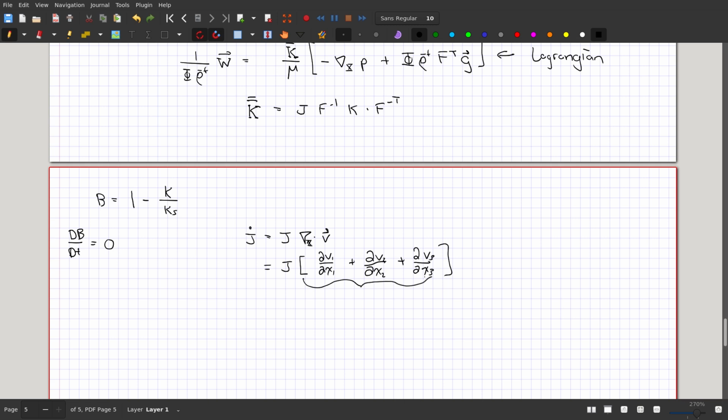Anybody recognize that that is simply dii, where d is the rate of deformation tensor? Remember, dij is equal to 1/2 partial vi partial xj plus partial vj partial xi.